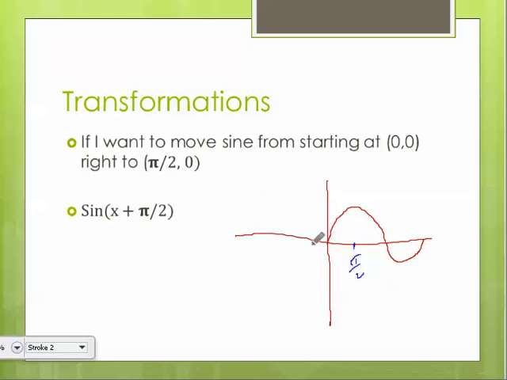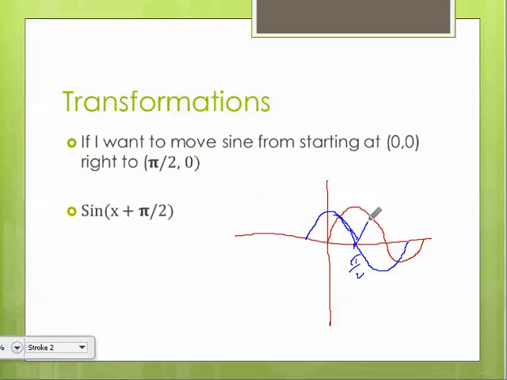So my graph would actually do this, like that. And it shifted it to pi over 2, shifted it to the right.